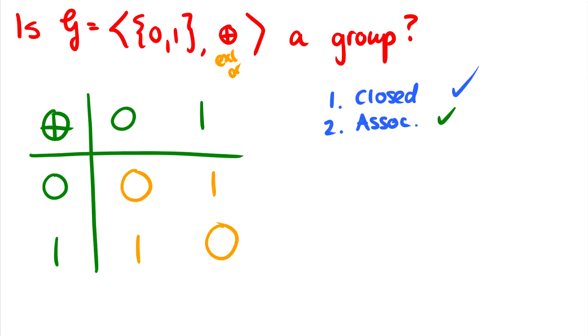So good luck. The third, is there an identity? In other words, is there an E for exclusive OR? So is there something that always takes you back to its own value? And there is. So if we take 0 with 0, we get 0 back. If we take 0 with 1, we get 1 back. So our identity element here is actually 0.